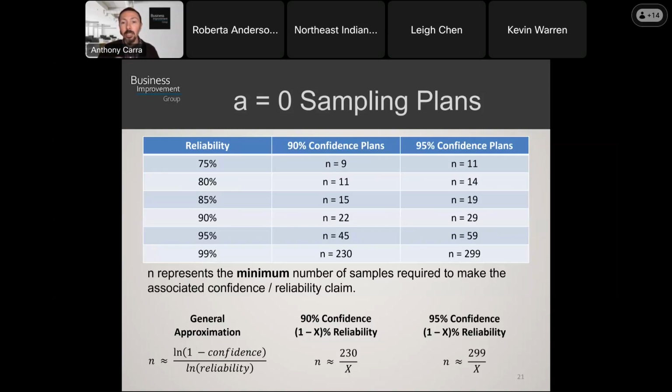Or if you have a confidence reliability statement, you could take some known number and divide by the lot percent defective, right? That level that you want to be able to reject. You divide by that, and you could come up with some number similar to these as well.